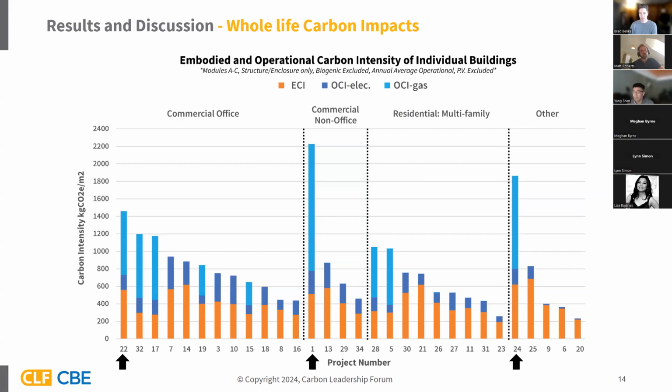And the buildings with relatively high whole life carbon emissions, such as project number 22, number 1 and number 24, both have higher OCIs due to the great amount of combustion from the natural gas. Next slide.